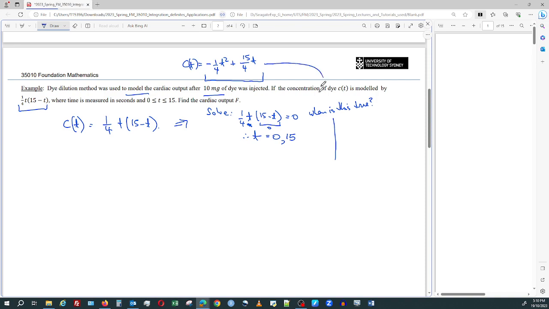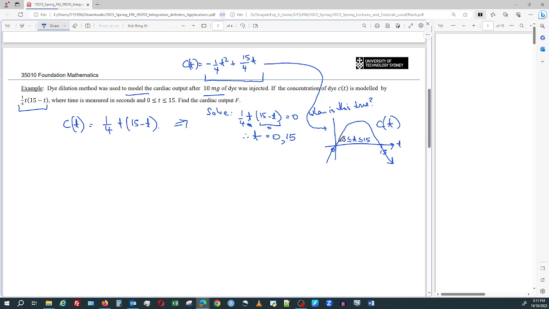So this quadratic looks like this. 0 and 15, and it has a function that's symmetrical, C(t). Our x-axis is a t-axis. So our interval is t from 0 to 15.